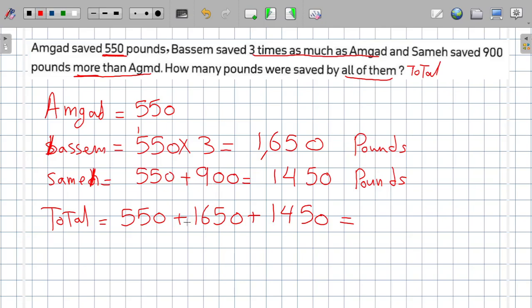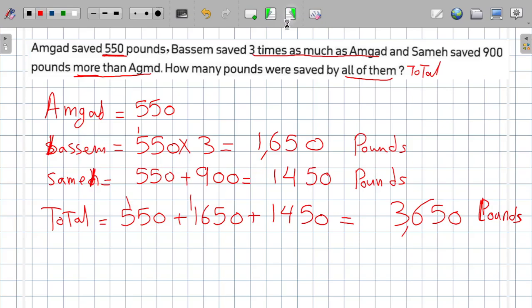Okay, so 0 plus 0 plus 0 equals 0. 5 plus 5 plus 5 equals 15, so I will write 5 and carry up 1. 1 plus 5 equals 6. 6 plus 6 equals 12. 12 plus 4 equals 16, so I will write 6 and carry up 1. Okay, so 1 plus 1 equals 2. 2 plus 1 equals 3. So the total money here will be 3,650 pounds. Okay, so this is the total money for the three persons.